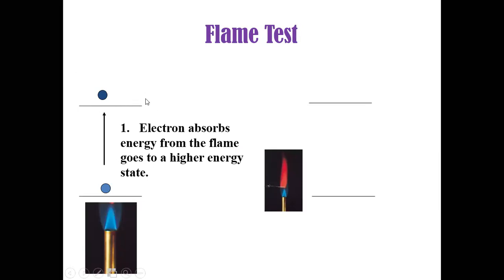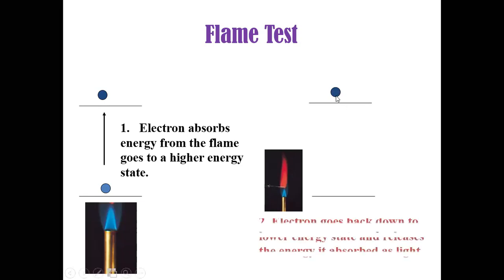Now that is its temporary situation. Once it has become excited, it will again come back to its original state. When it goes to the higher energy level, it is absorbing energy. When it comes back to its original state, it will release the same amount of energy. So it is related to energy.